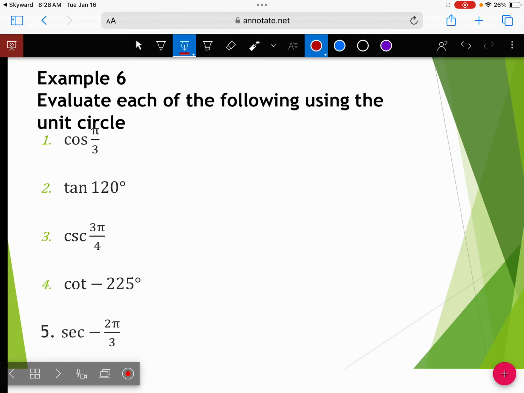So I'm going to give you a minute to copy down these 5, and then we'll talk about them together. So you're going to give me the answer, the value. Oh, okay. So you're going to keep out your unit circle, but I'll give you a minute to copy them down, and then we'll work through them together.